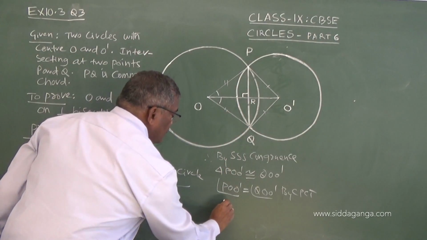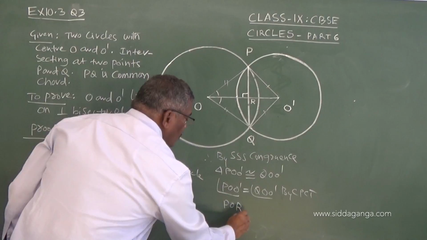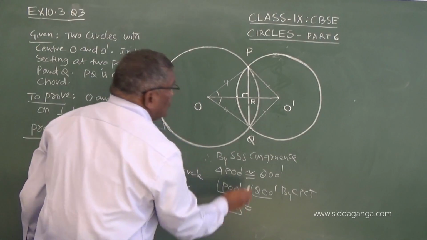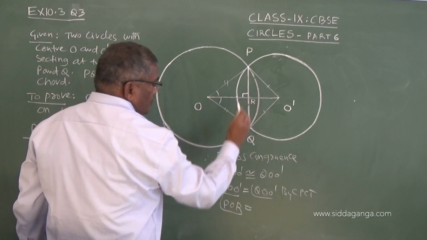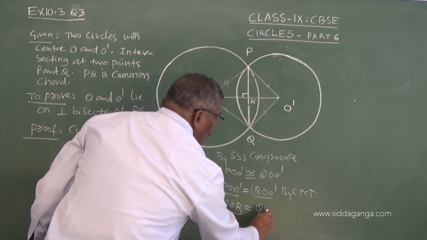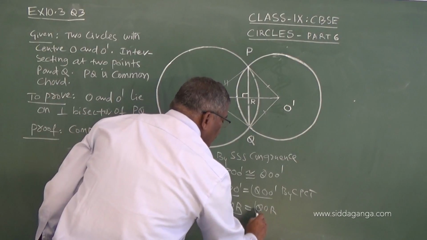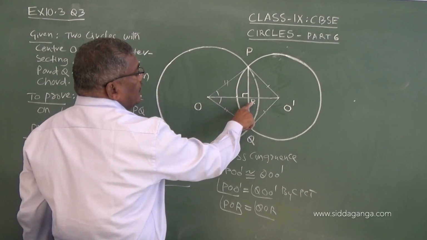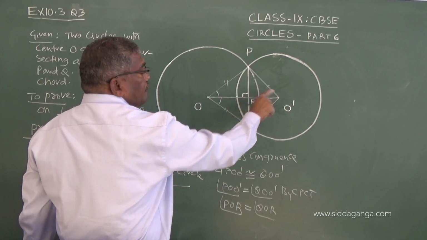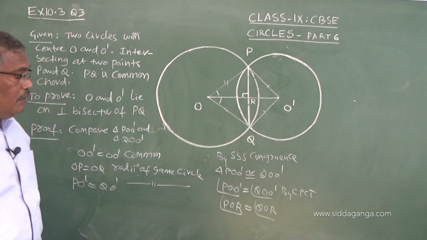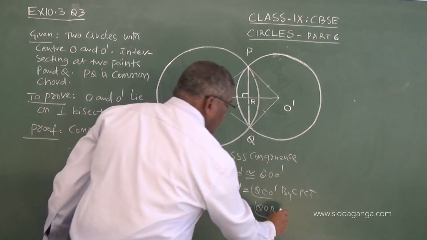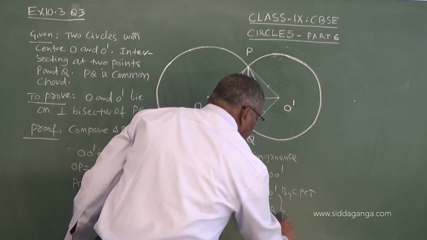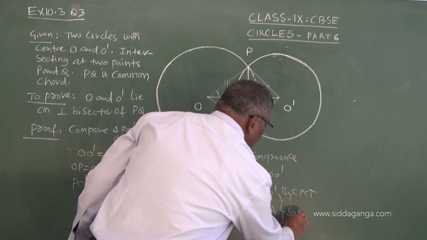So POR equals QOR. Of course they are the same angles. You can read from R or you can read from O dash.